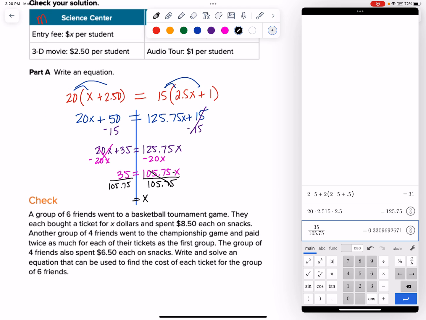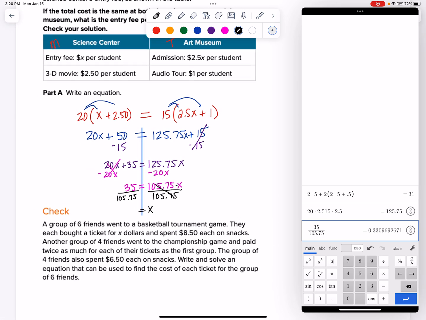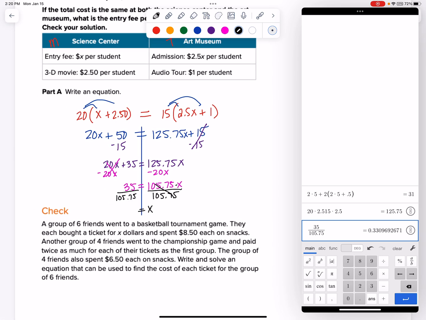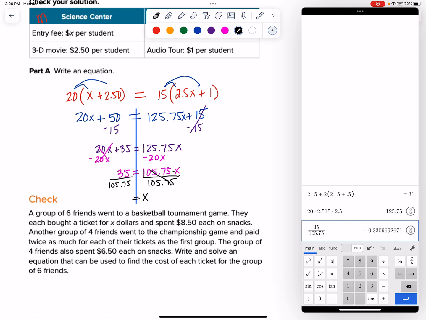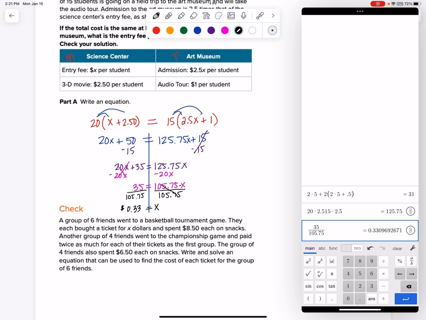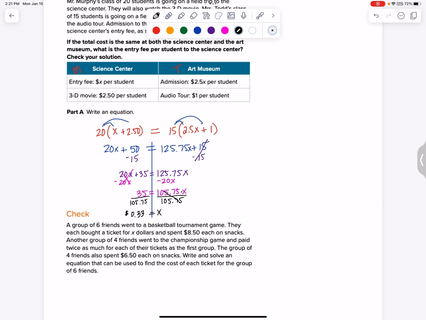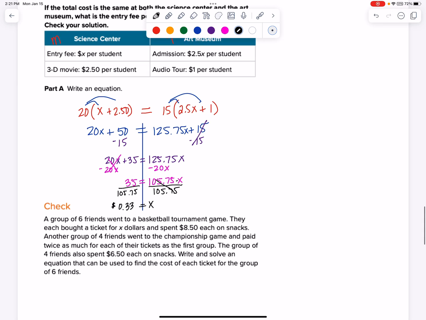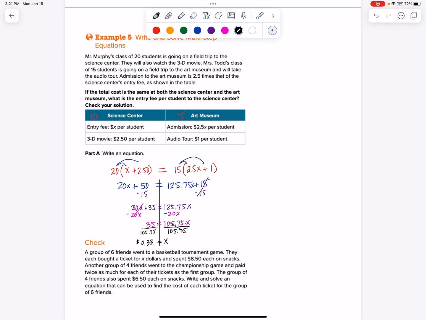It says that each ticket would be 0.33 cents. That just doesn't seem right. So I want to double check my positives and negatives and things like that as we go here.